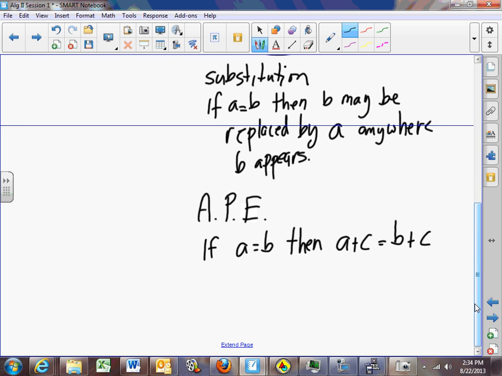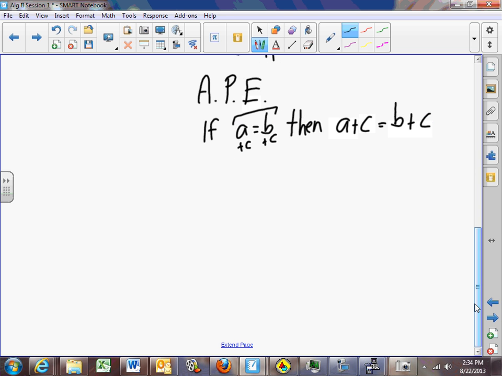In the equation A equals B, we've added C to the A and we've added C to the B to get A plus C is equal to B plus C. That's the addition property of equality, and that's an important one. We use that a lot in solving equations.